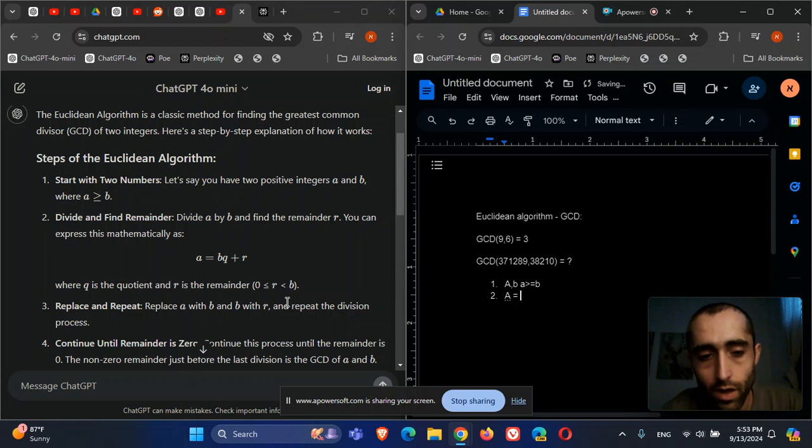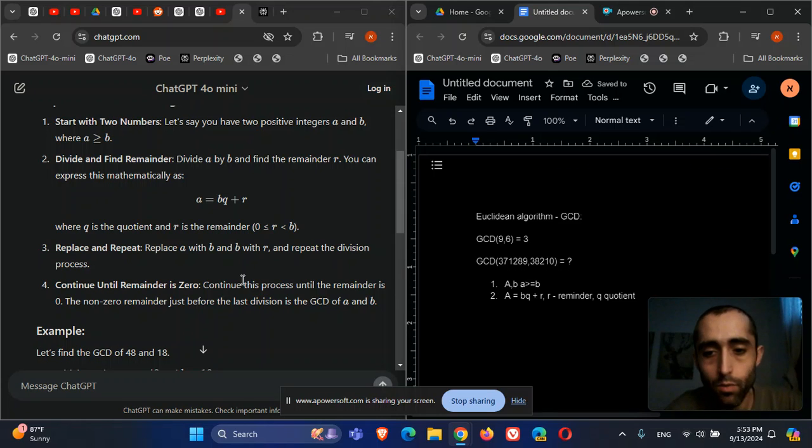Every time we write a equals b times q plus r, where r is the remainder and q is the quotient, and we repeat dividing until we get r equals 0, and then return the last r before it became 0.